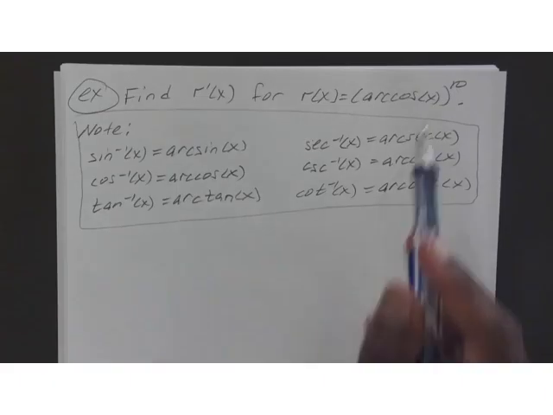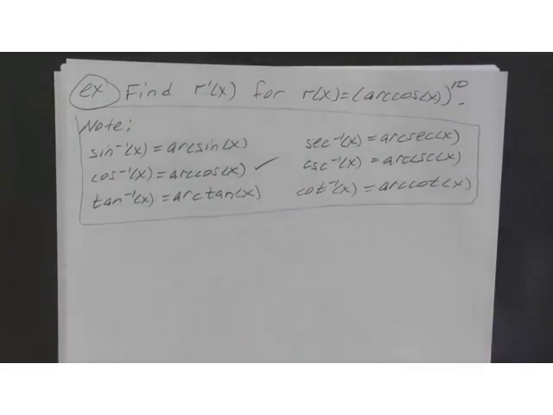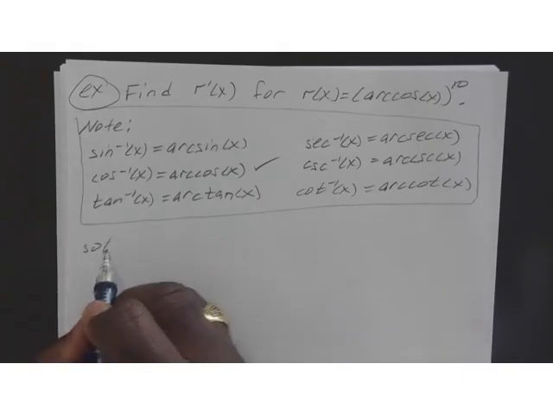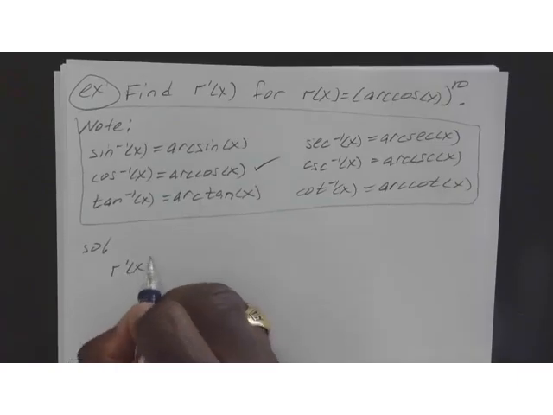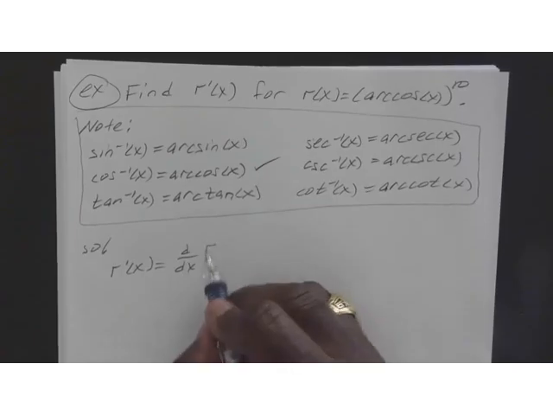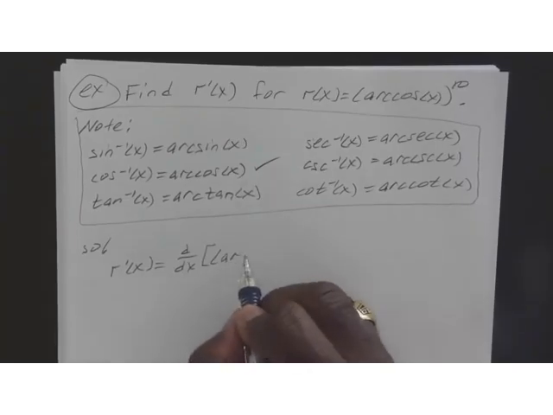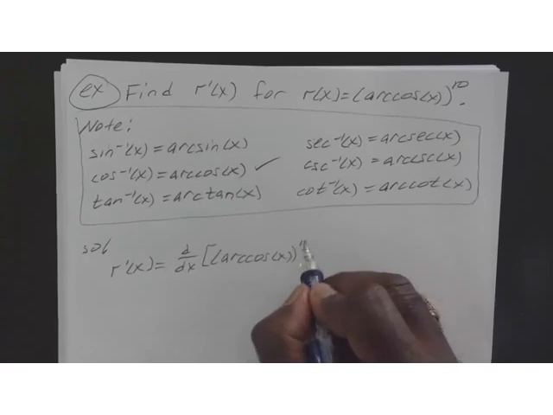So this is an arc cosine problem, so we know we're going to use this one. Okay. So we know that our r prime of x is just the derivative of arc cosine of x to the 10th power.